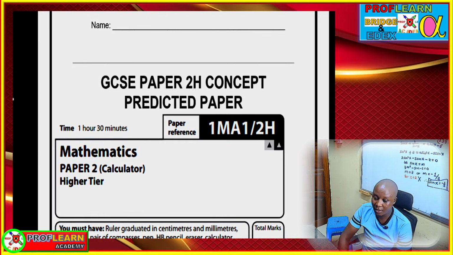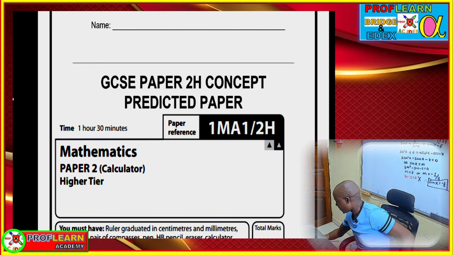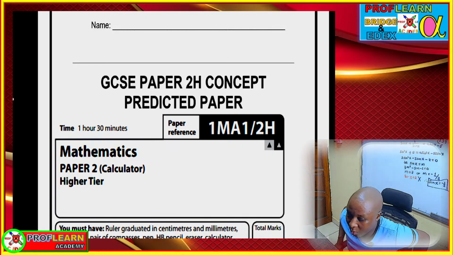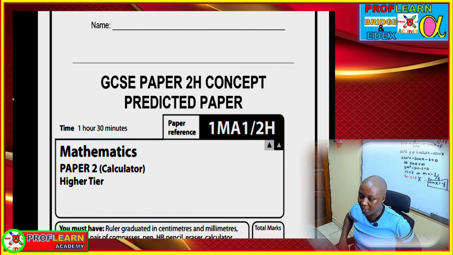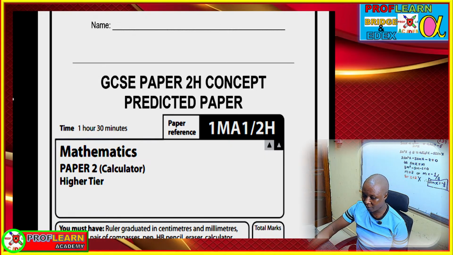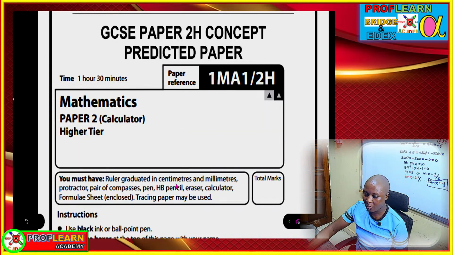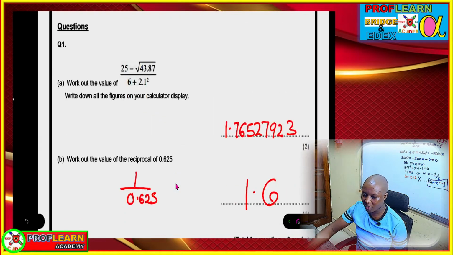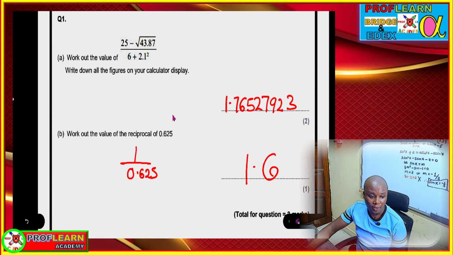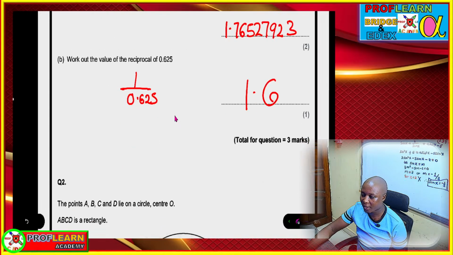So these are definitely areas that you have to know as far as that exam is concerned. We have worked out a question to do with using a calculator, finding an expression like this, and also finding the reciprocal. We applied the calculator there, and we got our answer to be 1.6.